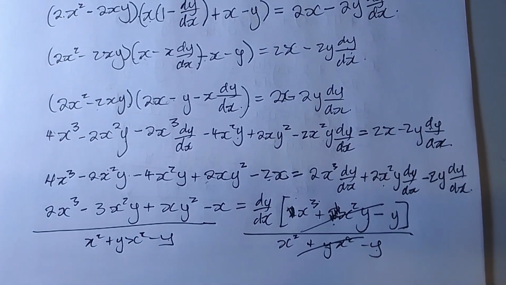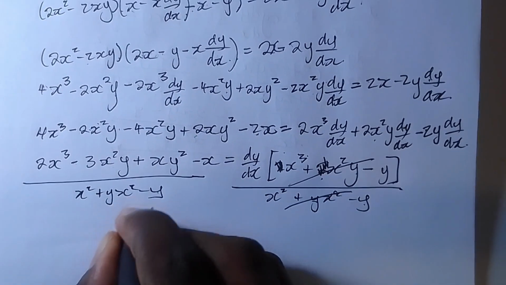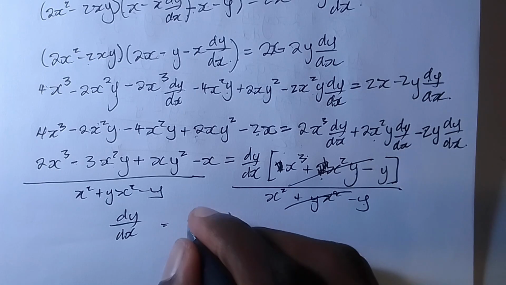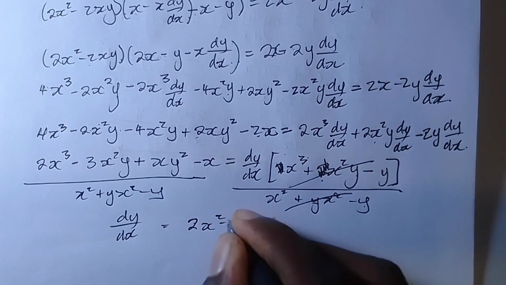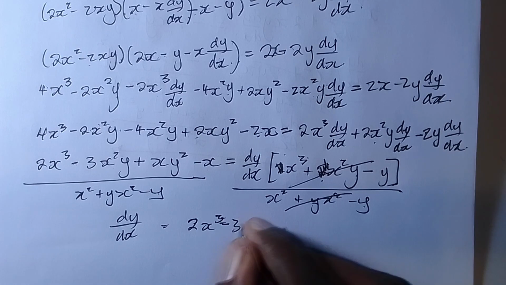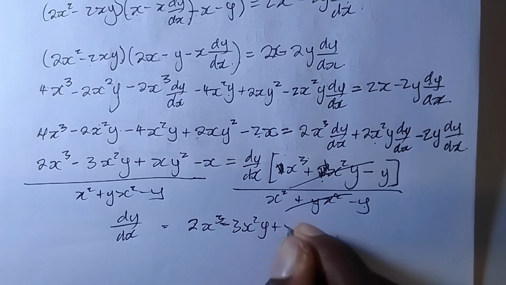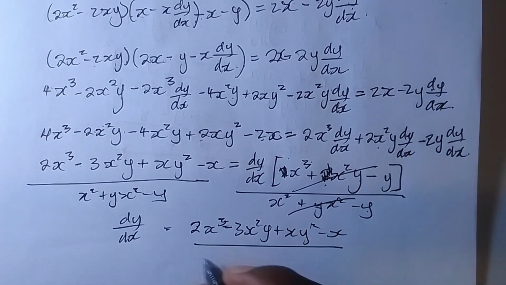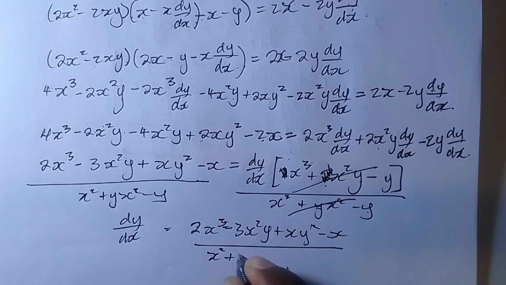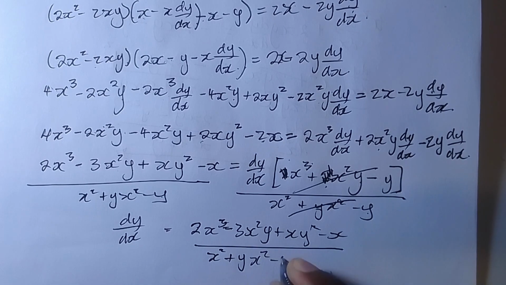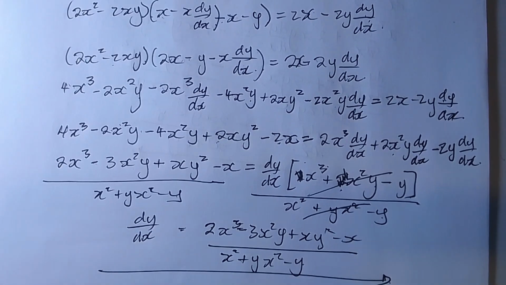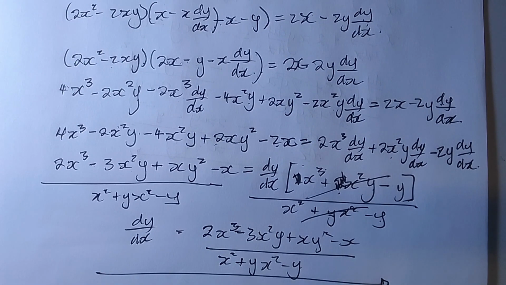This cancels out, and therefore dy on dx is equal to 2x cubed minus 3x squared y plus xy squared minus x, divided by x squared plus y, x squared minus y. That's your answer. Let's move on to the next one.